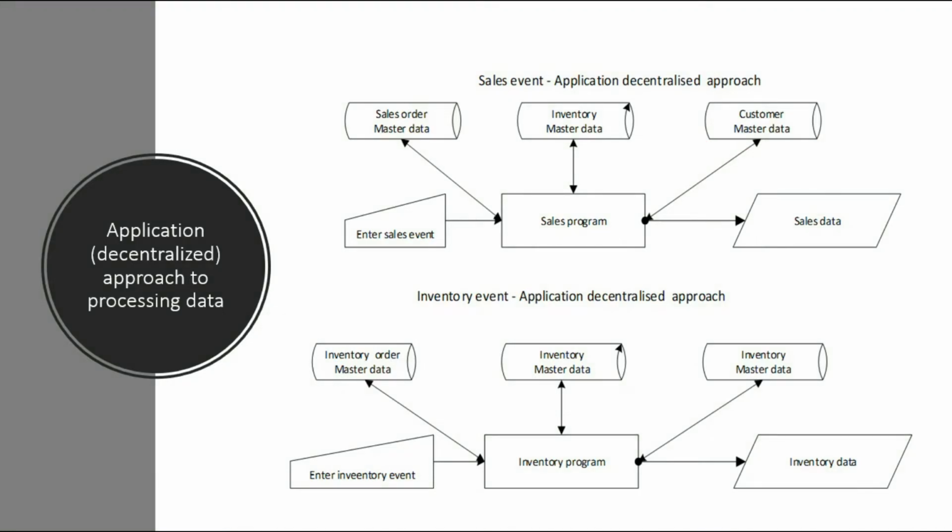And similarly, the inventory program will have the inventory order file, inventory file, and the inventory master data file. So it will have different master data files, and they are independent.